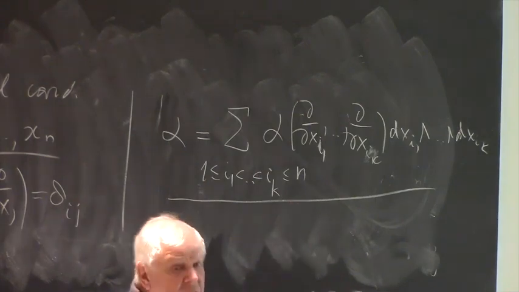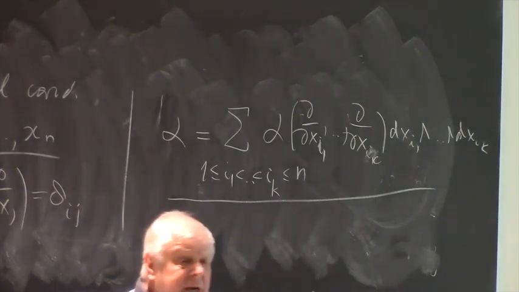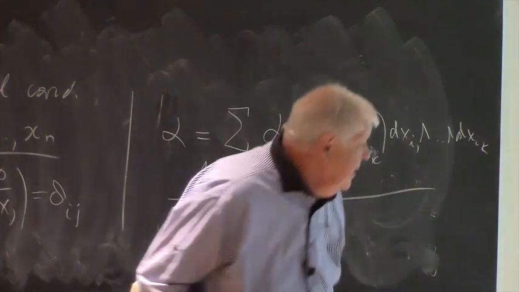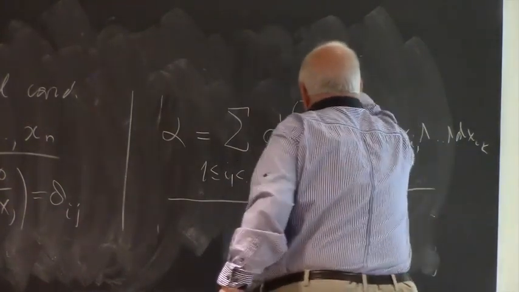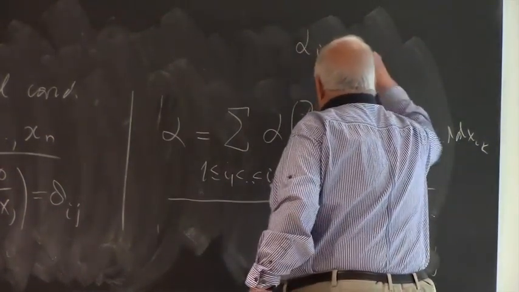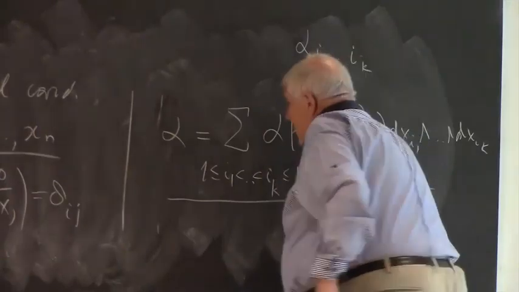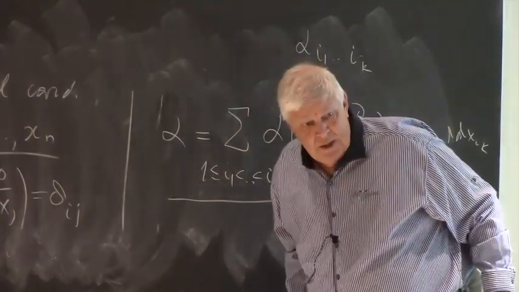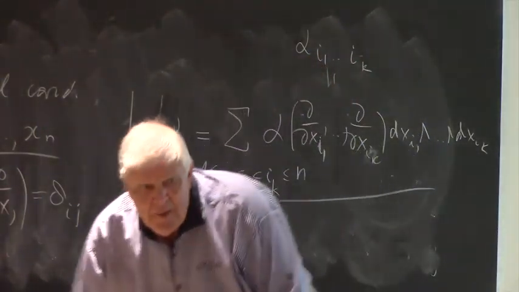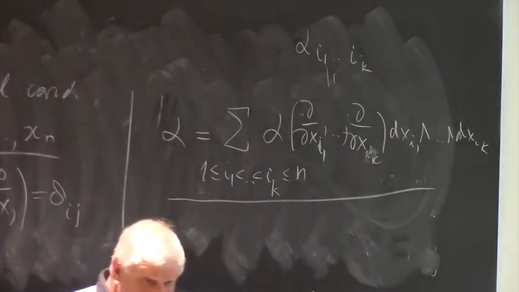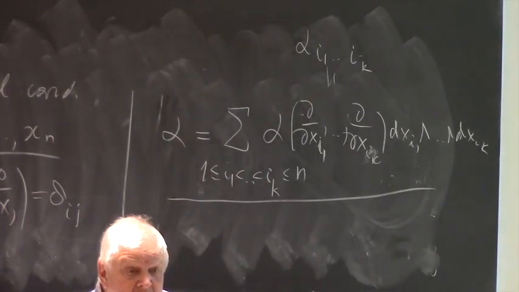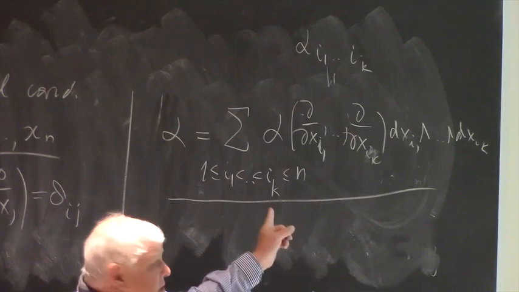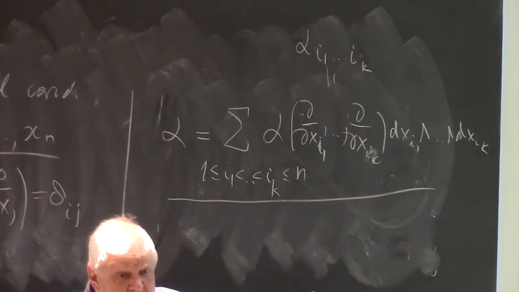This expression alpha of d over dx_i1, ..., d over dx_ik, I can use some notation for it. So let me write alpha i1...ik. And it is a function because it has a separate value at every point. So every differential form in local coordinates has this presentation.